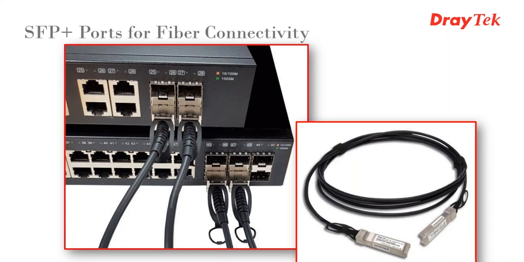The DrayTek direct attach cable simplifies the installation. The direct attach cable supports 1 gigabit and 10 gigabit speeds and comes in 1 meter and 3 meter lengths. Also, any SFP module that meets the SFP specification and standards should be compatible with any SFP ports of current DrayTek switches.